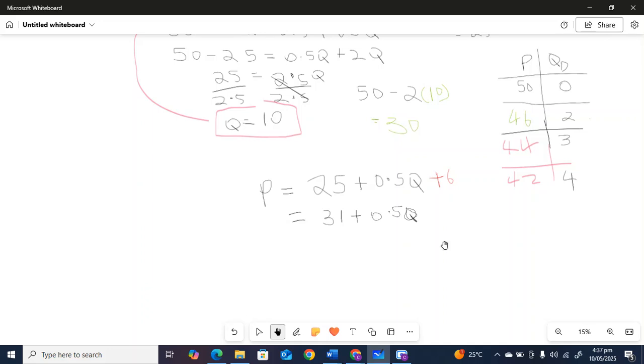So we need to find this new equilibrium price and this new equilibrium quantity. To get them, we're going to equate this new supply function to the previous demand function.